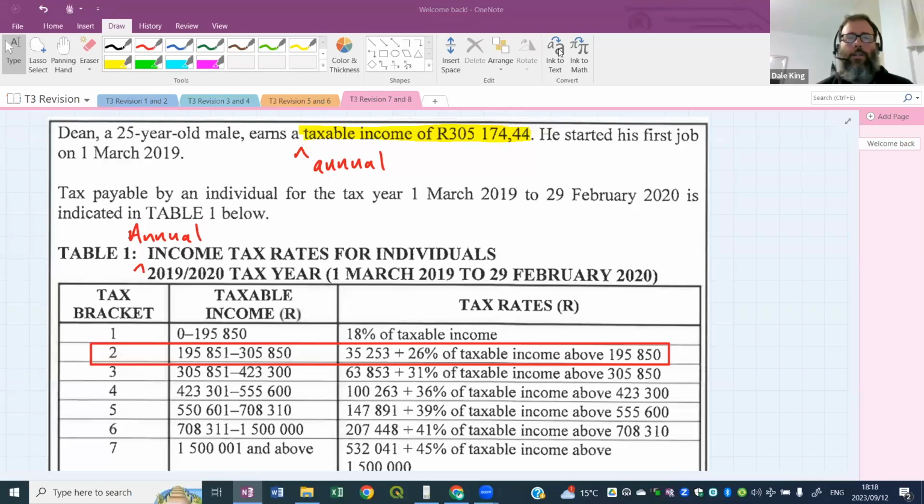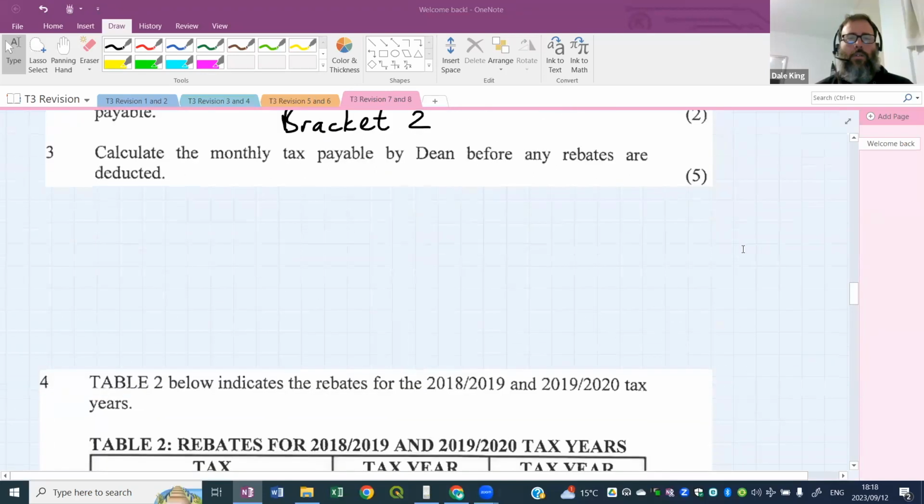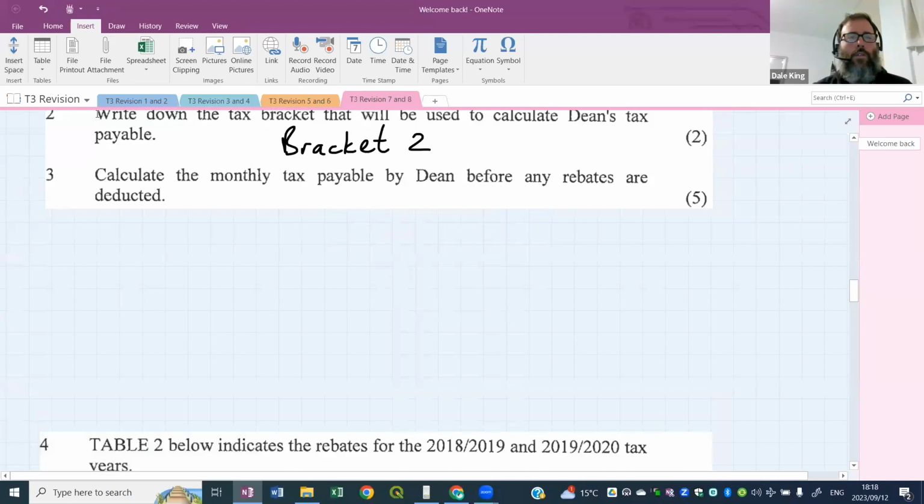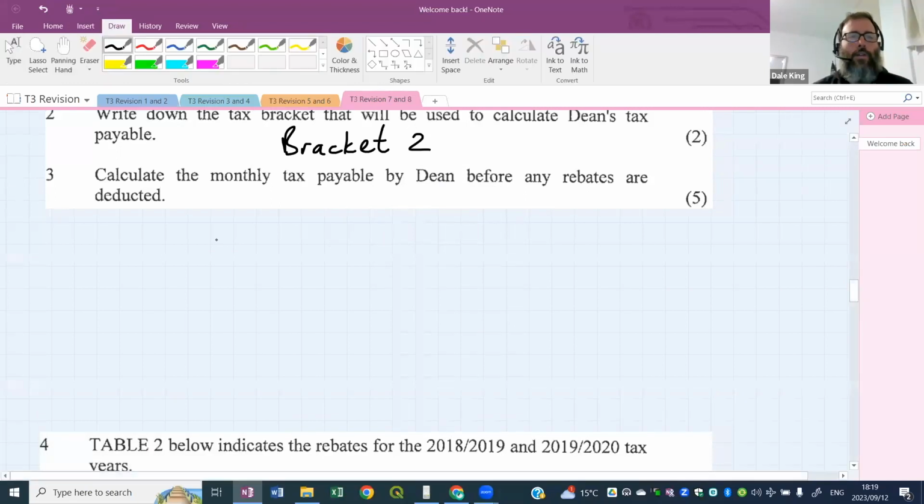Well done, Taran. All right, let's try this one out. So we got 305 Rand, 174 and 44 cents. That's his annual income.